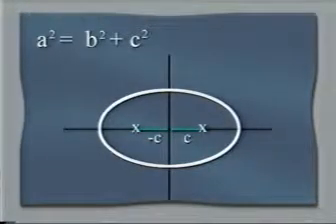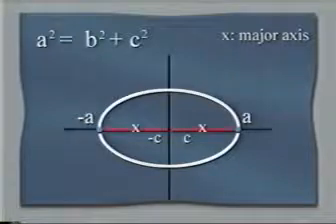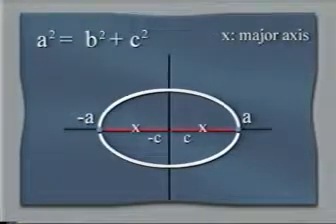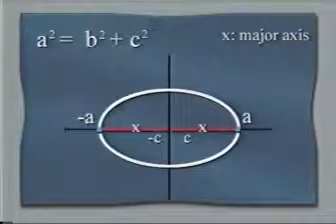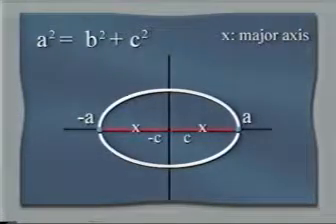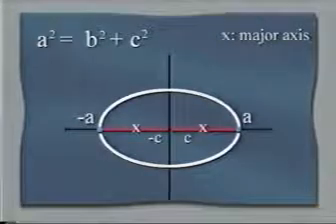The distance from the center to each vertex on the major or longer axis is labeled A. And you notice on the graph we see A on the x-axis and negative A. That is the longer axis for that ellipse, and therefore, since it is along the x-axis, it is a horizontal ellipse.